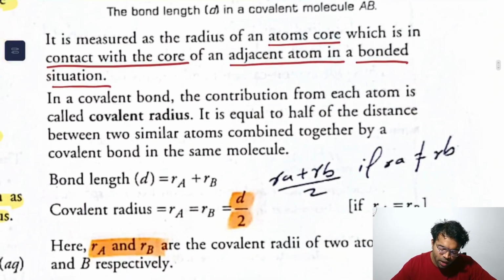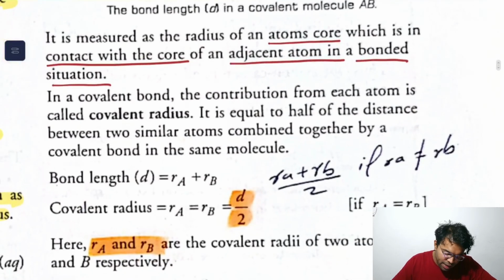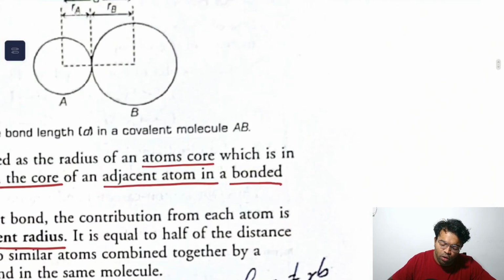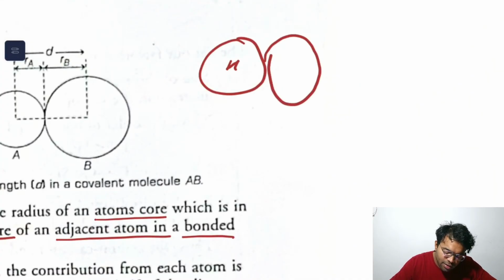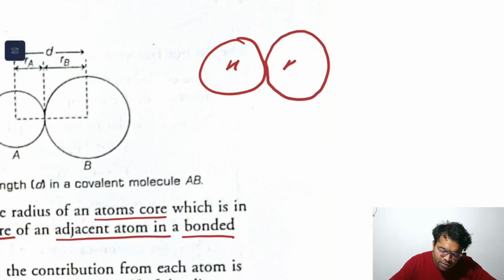Okay. In a covalent bond, the contribution from each atom is called the covalent radius. It is equal to half the distance between two similar atoms combined together by a covalent bond in the same molecule. What does it mean? For example, if you have a hydrogen molecule, like look at this. So what are they saying?